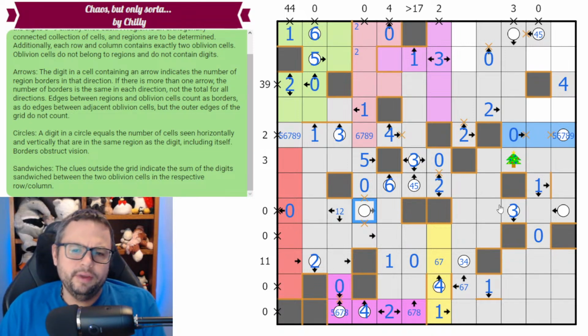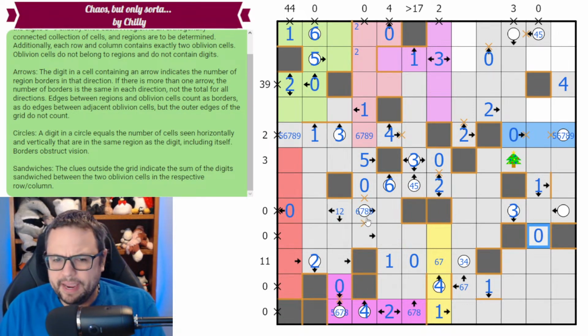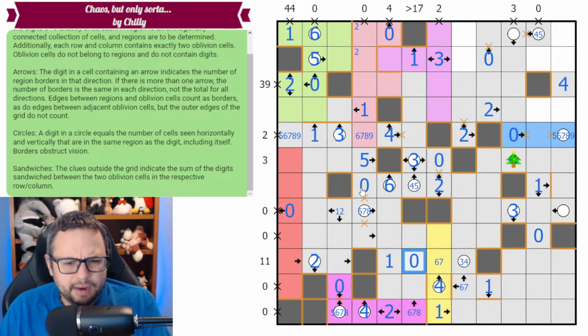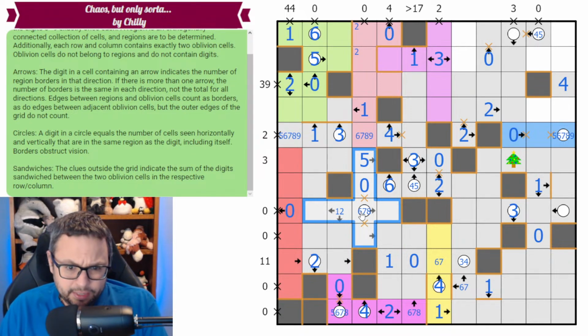So it's at least 3 because it sees 3, but it's not 3, 4, or 5. So this is 6, 7, 8, or 9. But if I count the number of rows I could actually have, it would be 1, 2, 3, 4, 5, 6, 7, 8. So it's not a 9. And if I count the number of cells that it could possibly see in this direction, I think it's actually capped at 7.